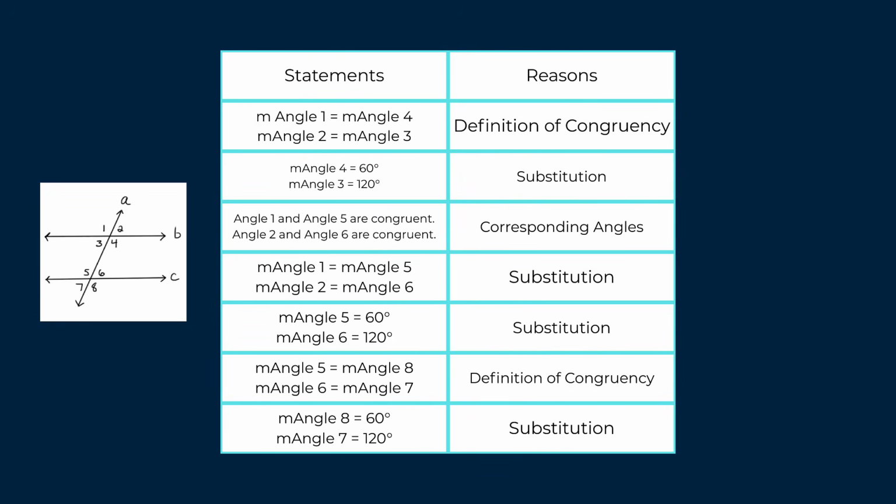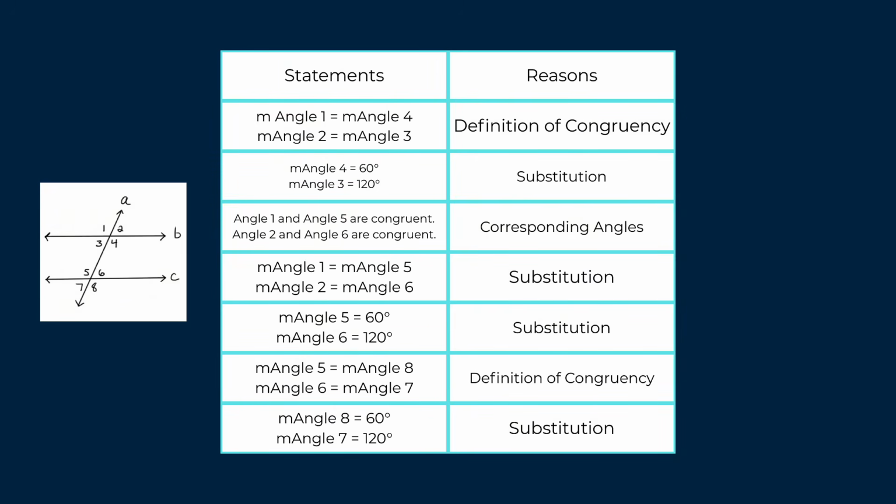But what about the other parts, since right now we've just been proving the measures of lines A and B. So what about the angles of lines A and C? Well, that's a different story, and we're going to have to use the corresponding angles theorem.